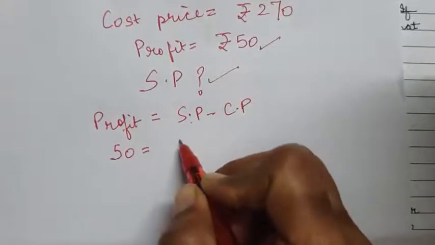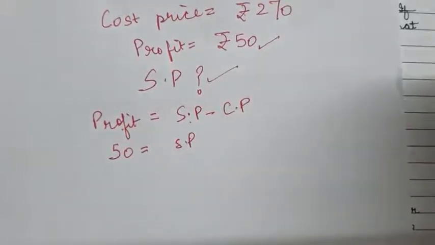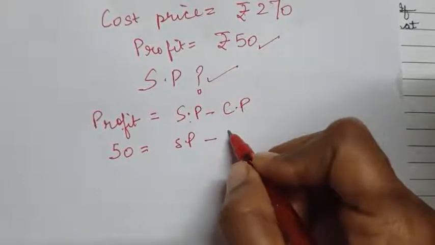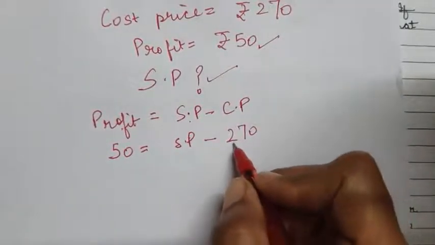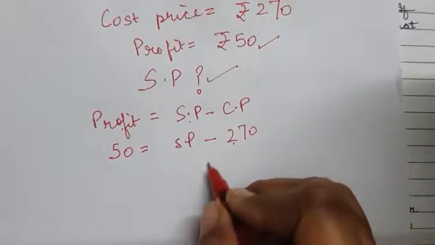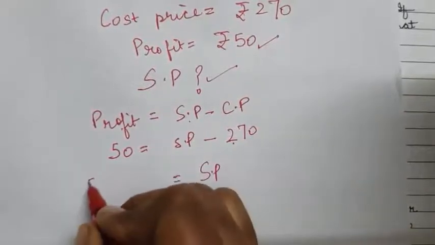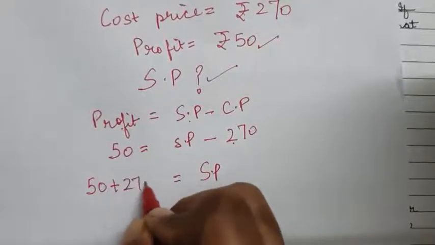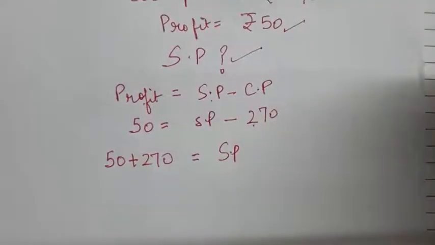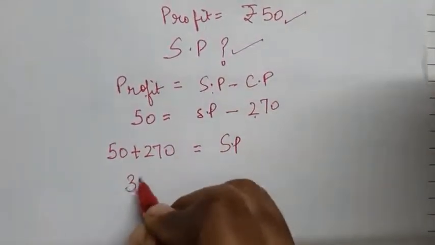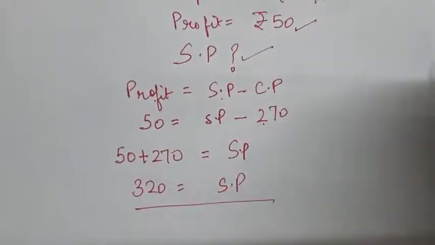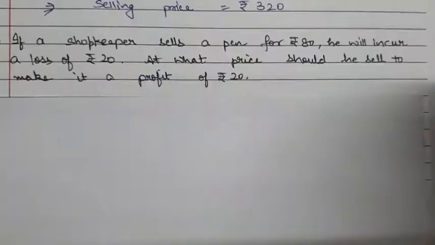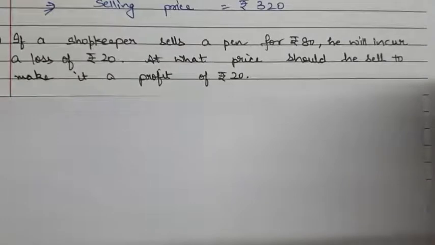Selling price we don't know, let it be selling price only. Cost price is 270. So now 270 we will shift to that side. It will become added. So 50 plus 270, which gives us 320. So the selling price will be 320 rupees. See, it's so easy.